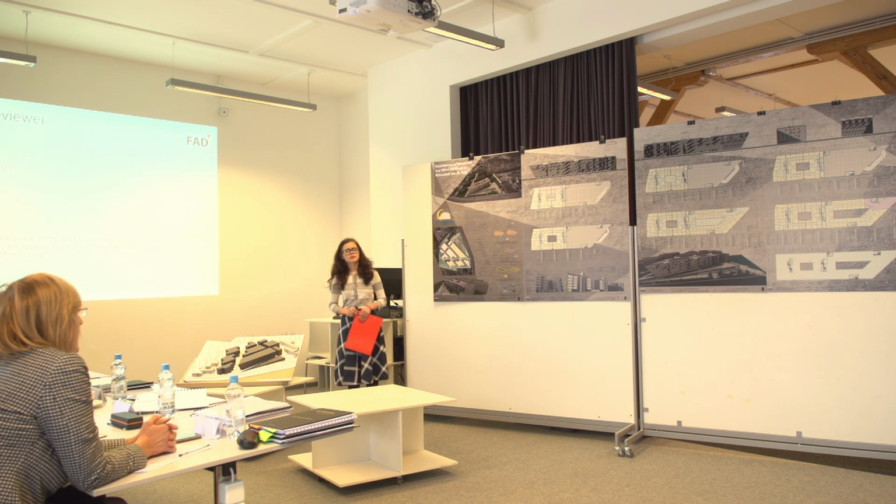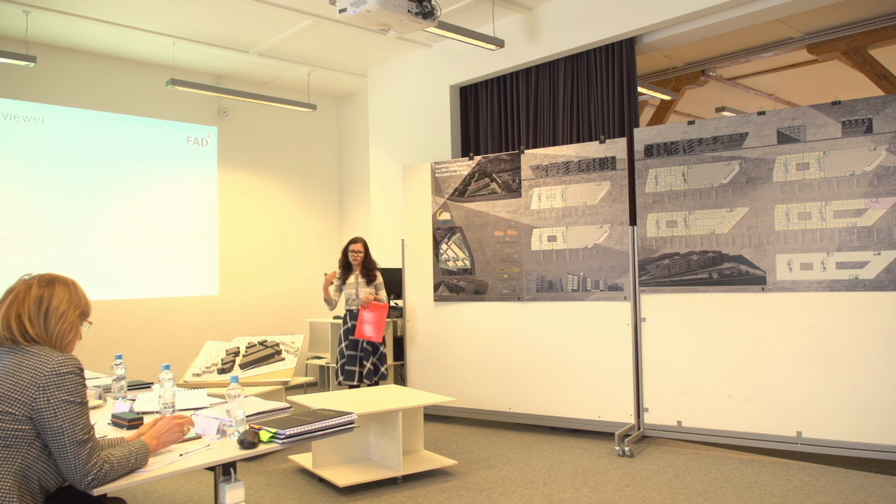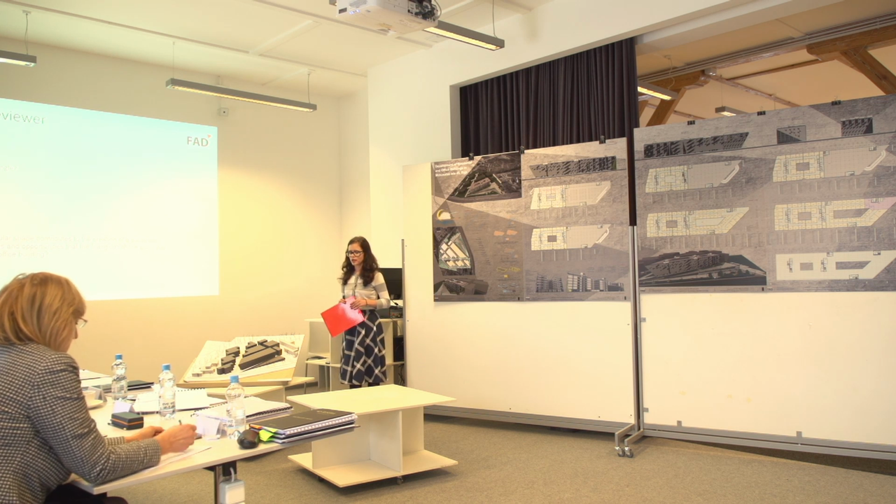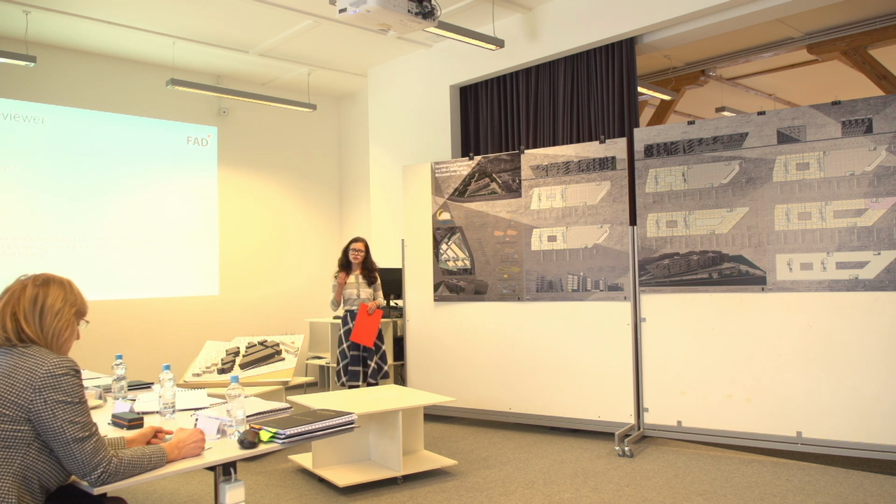The axis I didn't take because a building is a point, and then I must have another point to make a line, and I didn't find a second point vertically.